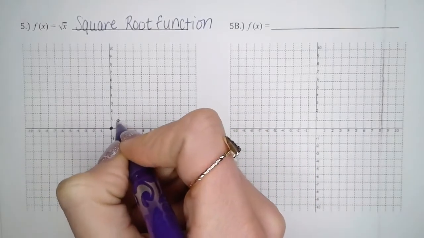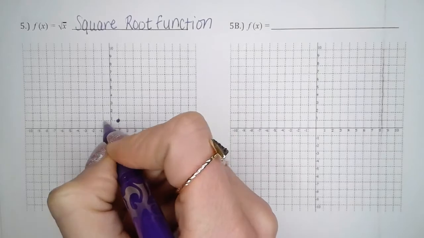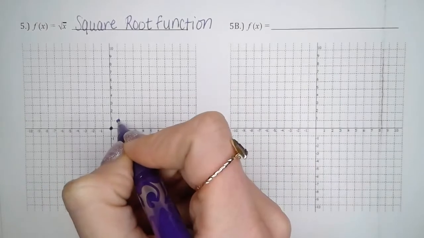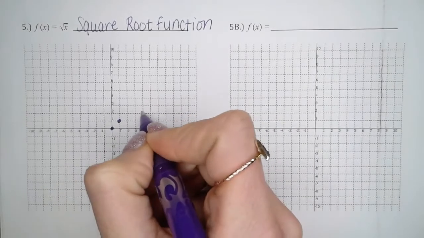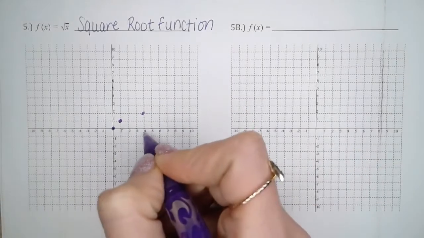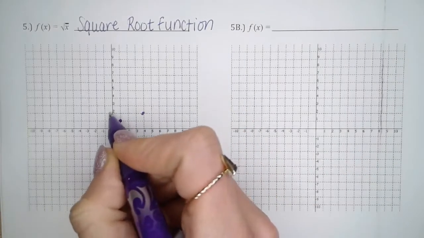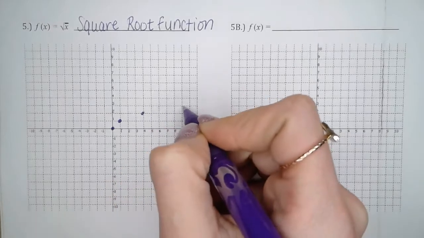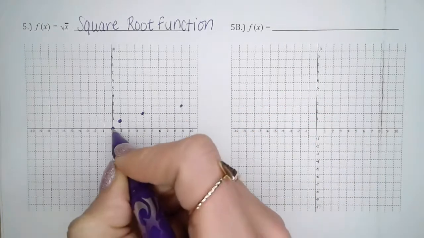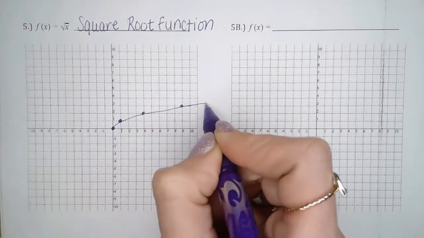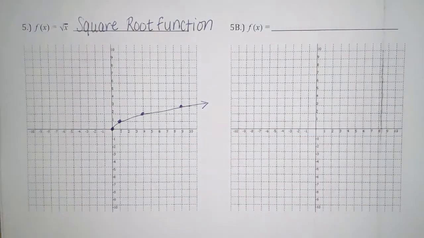I'm going to go up 1 over 1 because if I plug in 1 for x, I get 1 out of it. Then I'm going to go up 1, but over 3. Now I'm at 4. If I plug in 4, I will get out 2. Up 1 over 5. And what it ends up looking like is the top half of a sideways parabola.